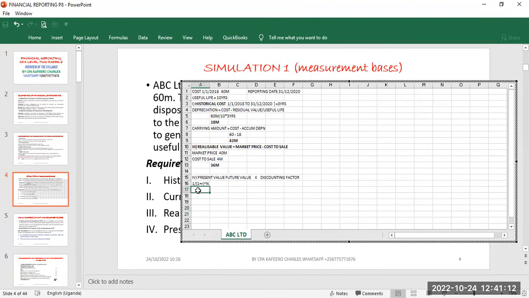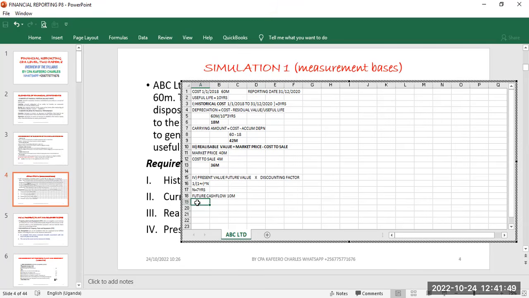Our n is 7 years. Our cash flows, or future cash flow, what we are expecting to get in the future. Future cash flow is 10 million, but remember we are getting this 10 million, we are not getting it at once, for the remaining 7 years.